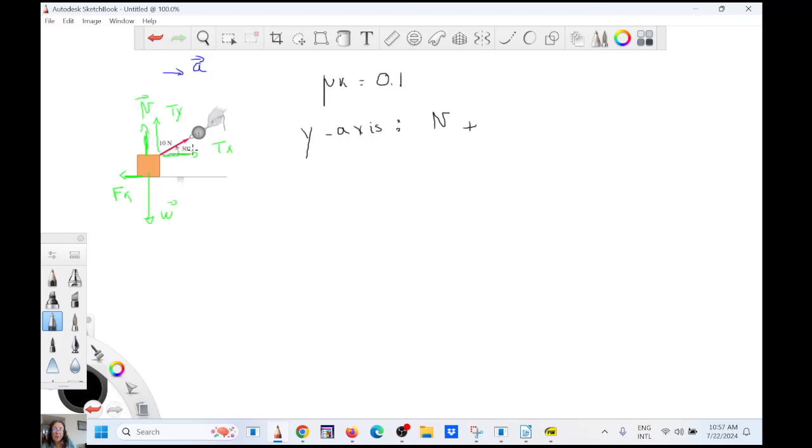We see the y component, it's a sine, so it's going to be 10 sine 30 equals down, which is mg, and the mass is 2 kilograms, and we take g equals 10. So that's going to be mg, which will be 20. Okay, so that will be my first equation.